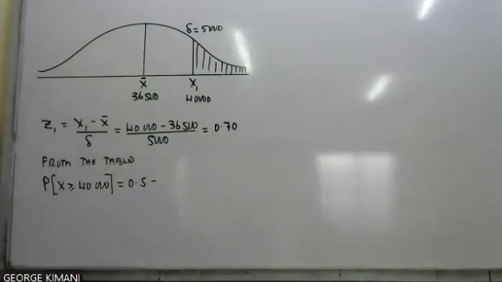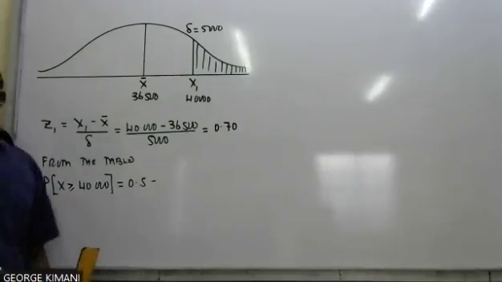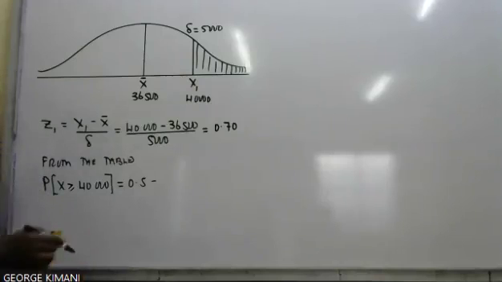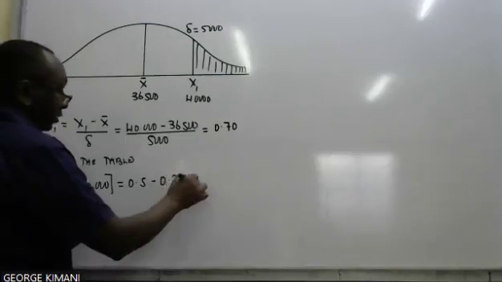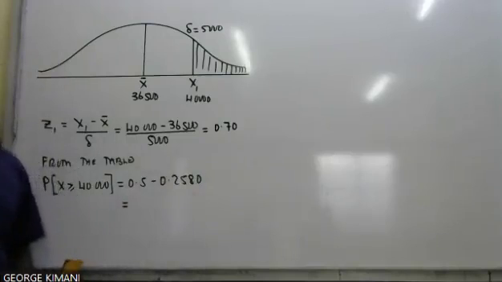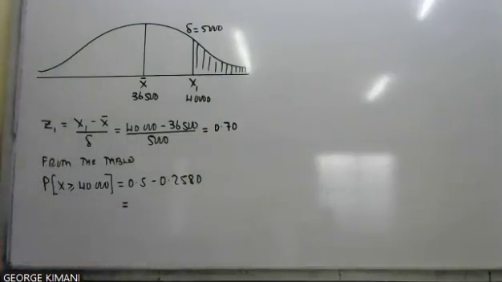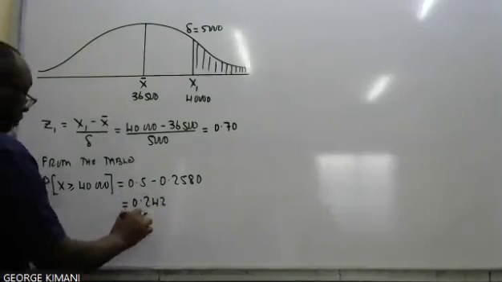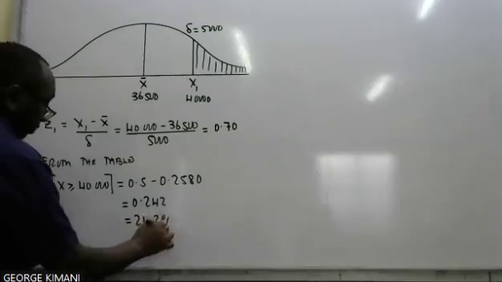So read from the tables. 0.2580. So when you subtract, 0.242, which is 24.2%.